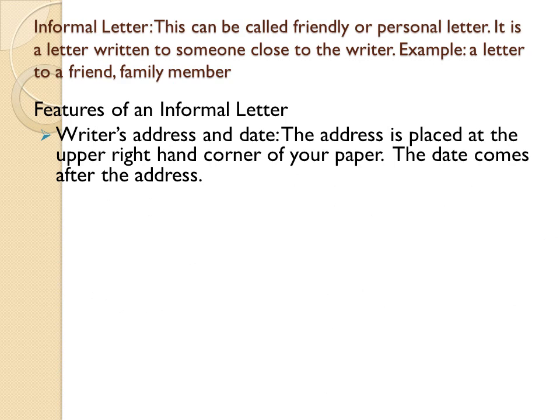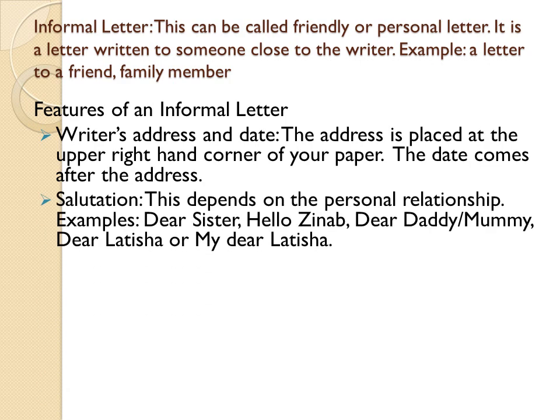Features of an informal letter. It's very important for us to note the features of an informal letter so that when you're writing an informal letter, you know what to write. The first thing you need to understand is there's always an address, the writer's address. Okay?